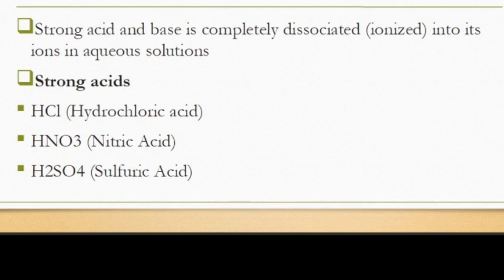As we know, they contain a conjugate base that is a weak base. Chloride is a weak conjugate base of hydrochloric acid. Nitrate is a weak conjugate base of nitric acid. Sulfate is a weak conjugate base of sulphuric acid.